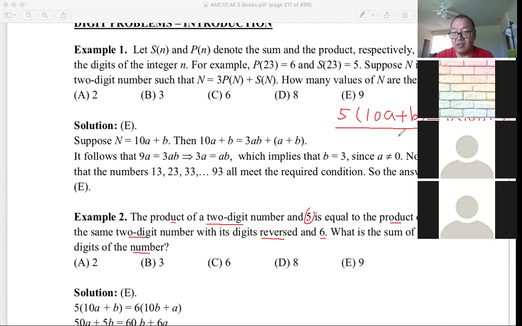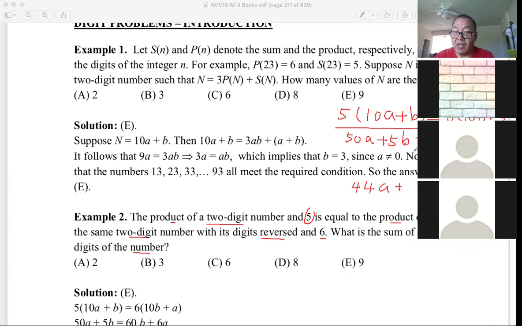Now let's think how we can simplify this equation. Distribute the 5, and we get 50A plus 5B equals 60B plus 6A. Then both sides minus 6A, we get 44A.